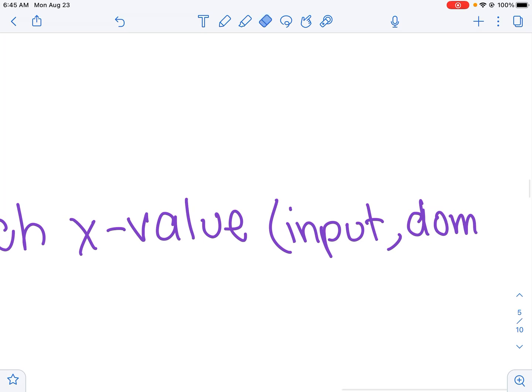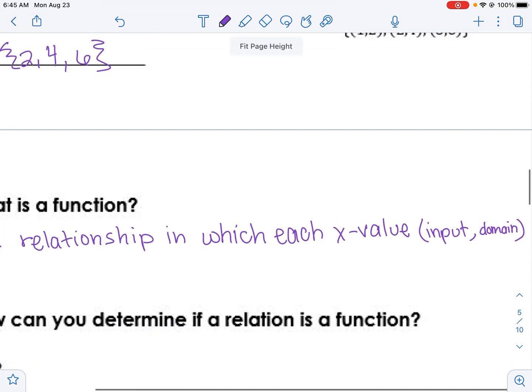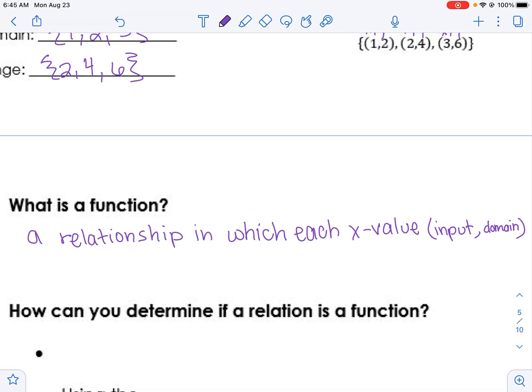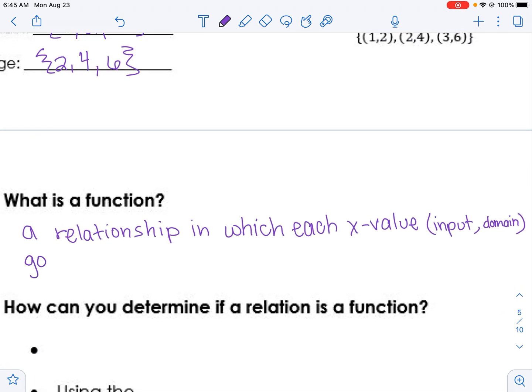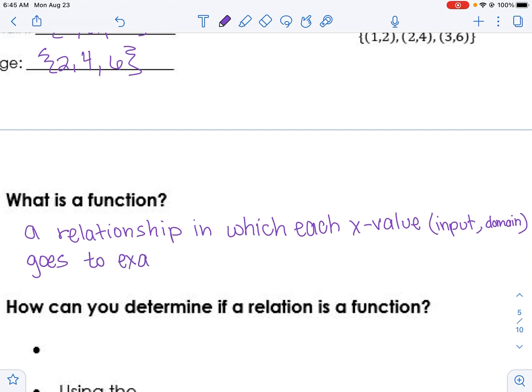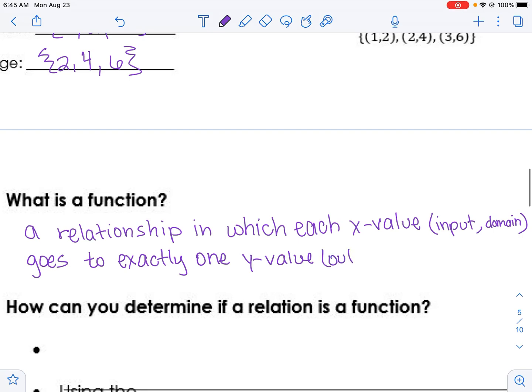Oops, ran out of space. Let me fix that. Goes to exactly one y value. And our y values are our outputs and our range.